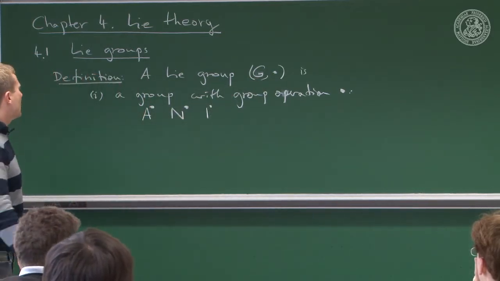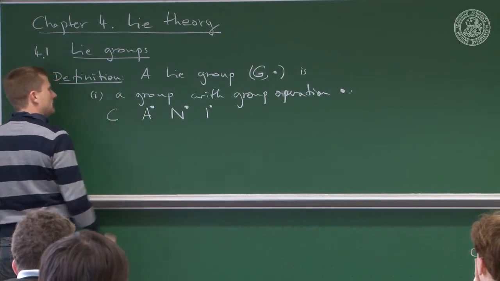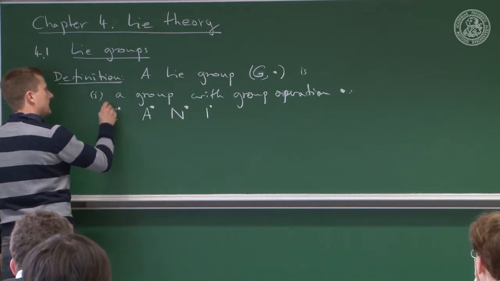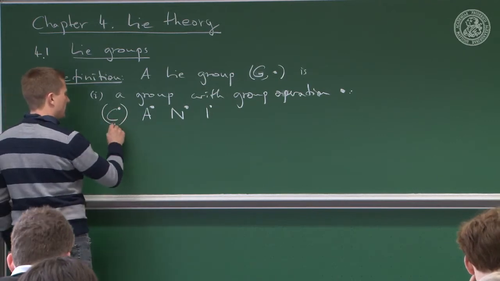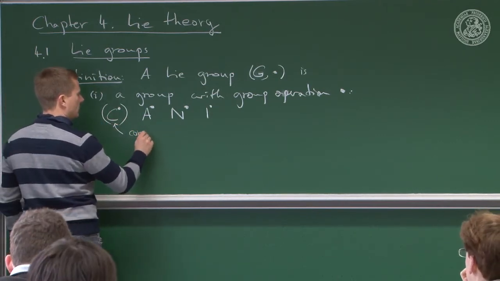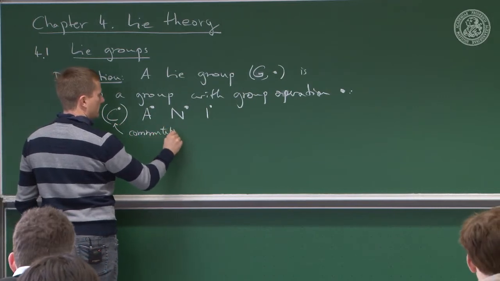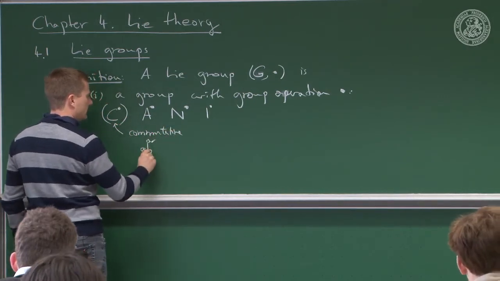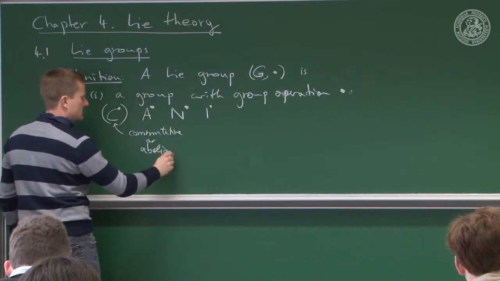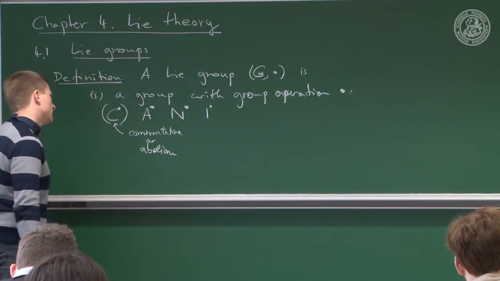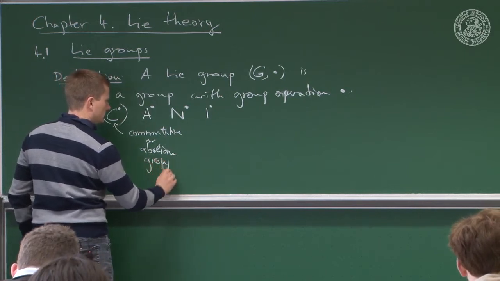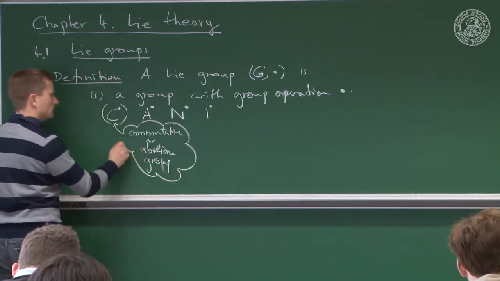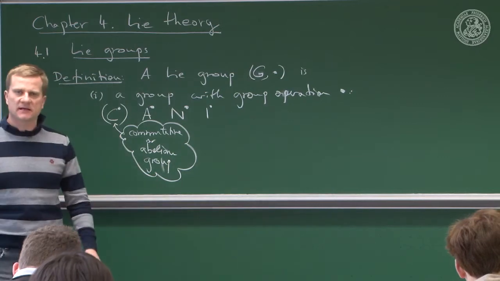That's a group. And only sometimes is there also a commutative law, but that's a special case. That's then a so-called commutative or abelian group, it's just a synonym. So nothing spectacular about this.